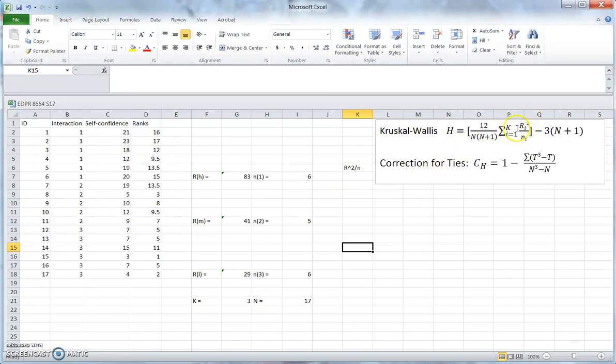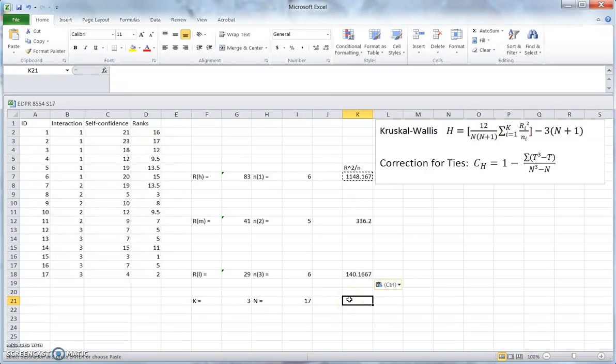So which means I want to do the R squared divided by N for each group first before I do the entire formula. So for group 1, we have R1 times itself divided by the group size. Alright, we're going to do the same thing for group 2 and 3. I'm going to just Control C to copy and Control V to paste. Alright.